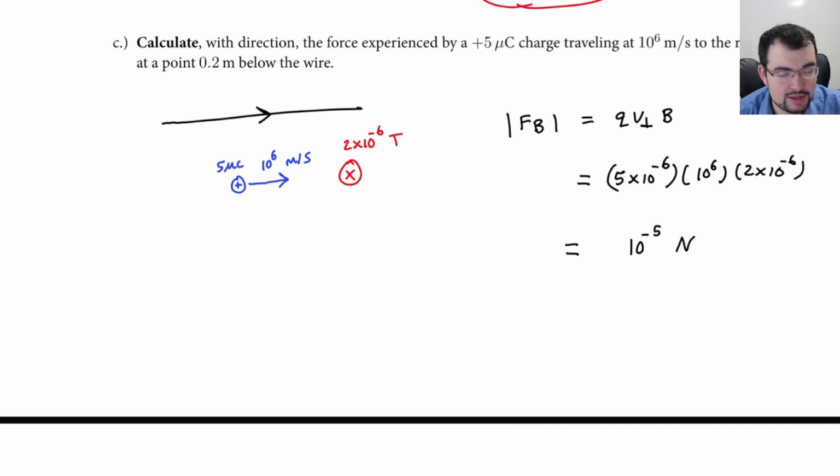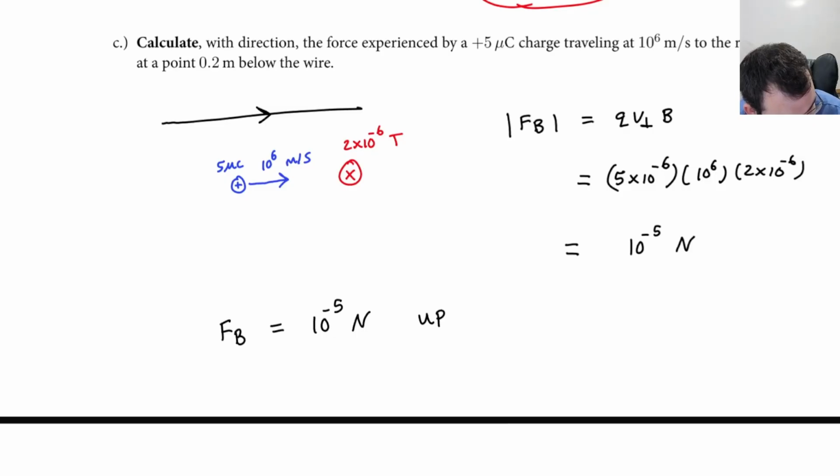But we also do want the direction, so remember we can figure that out because we use QV cross B. So V, your right thumb, because we're using a positive charge, cross B, I stick my fingers into the page, and notice my palm pushes up. So this means that the magnetic force is 10 to the negative 5 newtons up, also known as towards the wire.